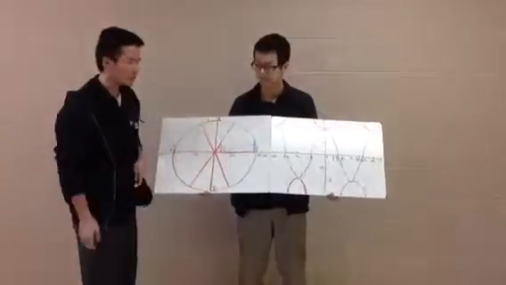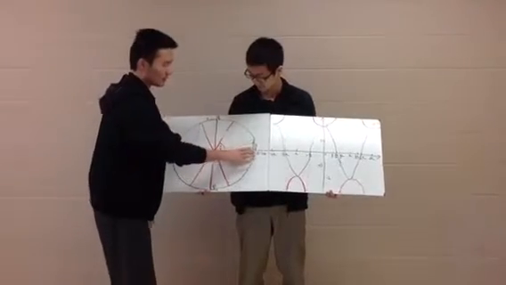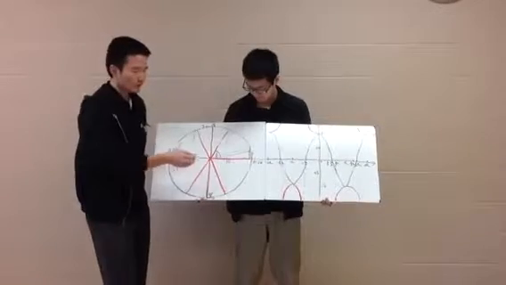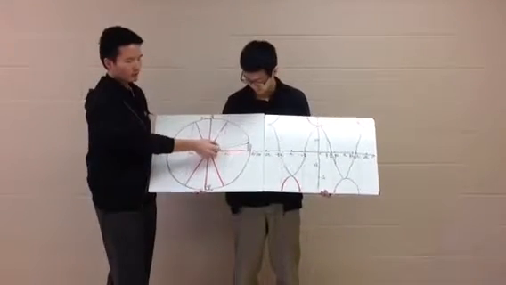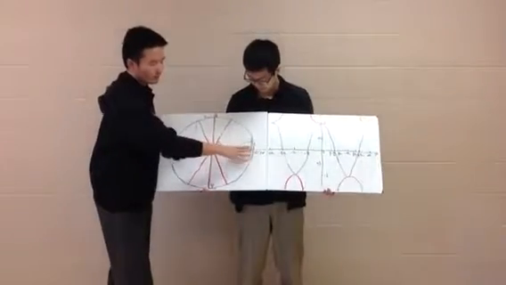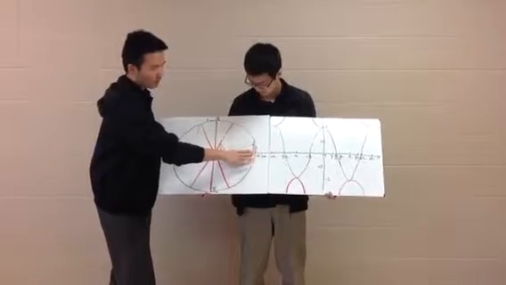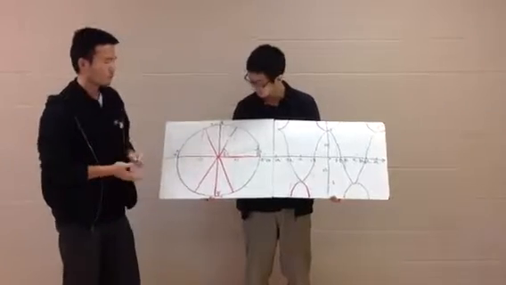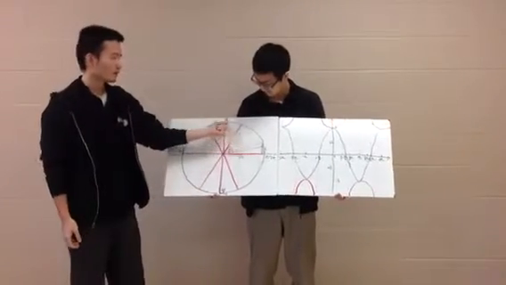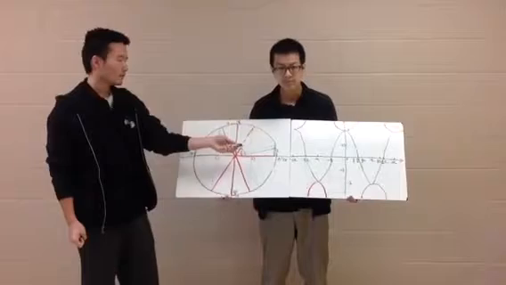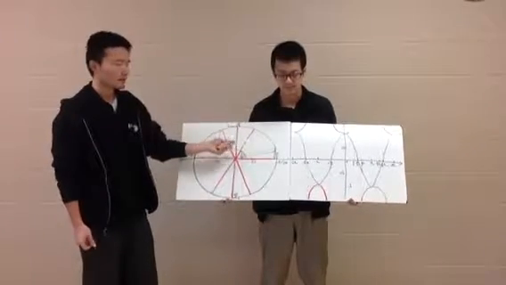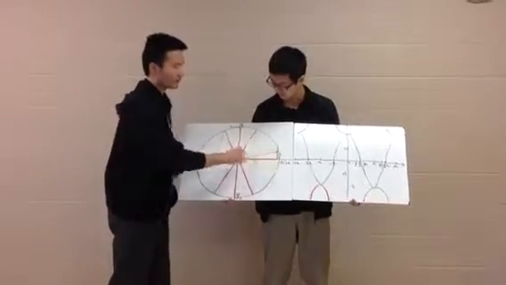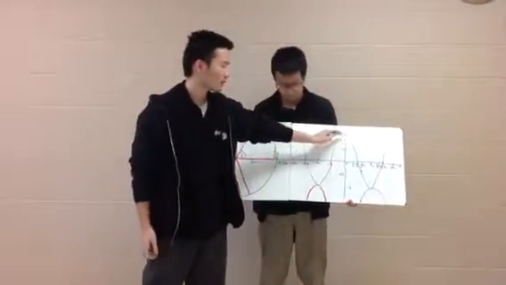As already mentioned, cosine is this side of this triangle. As we can see here, as the angle increases, this side is becoming shorter and shorter. So between angles 0 and 90 degrees, the graph of cosine is decreasing from 1 to 0, as we can see in the graph here.